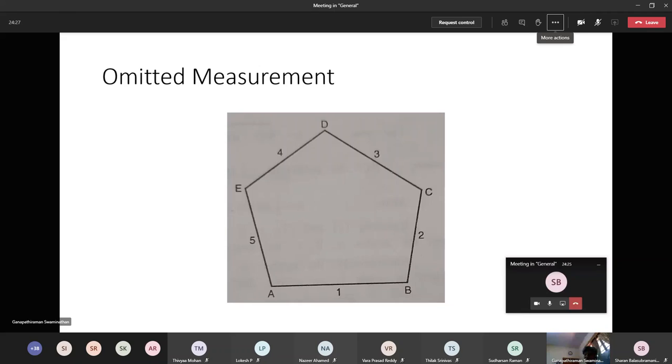So EA cos theta is minus of sigma L. Am I right? Yes, sir. What is the departure of EA?